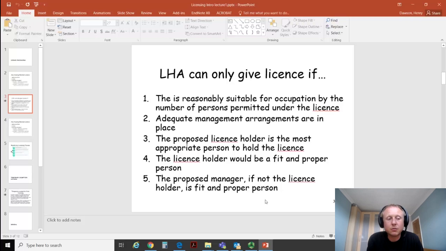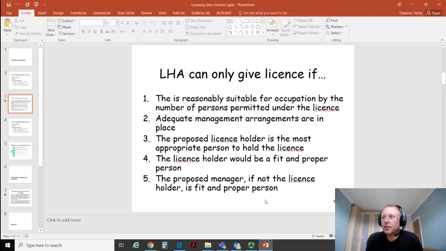So really you need somebody who's able to visit the property, and they've got the financial control to be able to pay for works to rectify large repair problems or emergency repair problems.